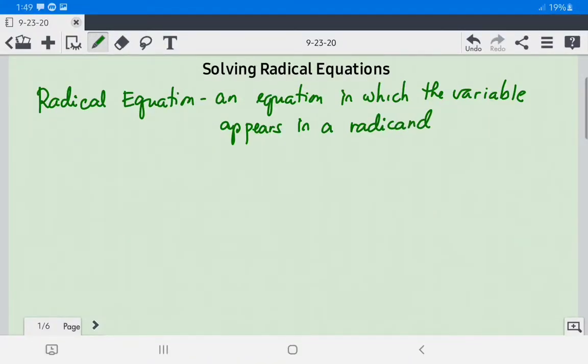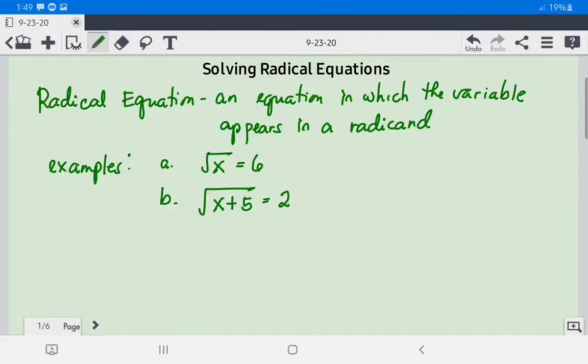Let's say, for example, we have square root of x equals 6. As you can see, the variable appears in the radicand. Another example, we have square root of x plus 5 equals 2.